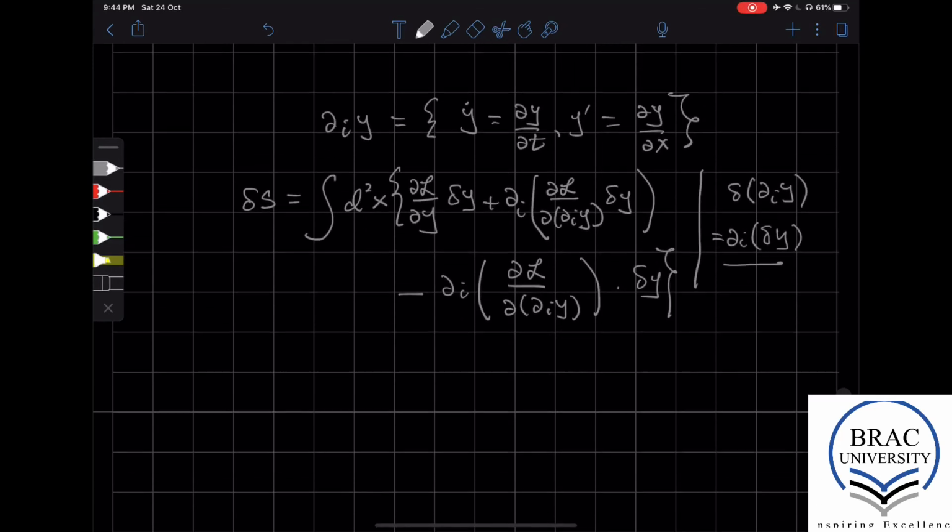So these are the three terms we have. Now, if you look at the second term, this is a total derivative term. So we can integrate, and what will happen is that it'll become a boundary term.